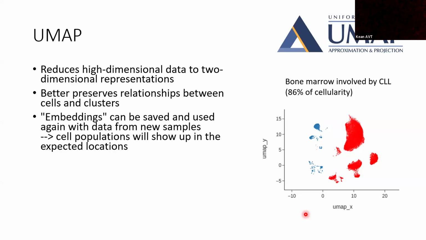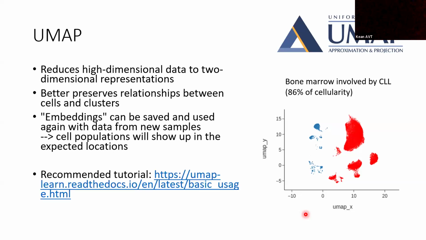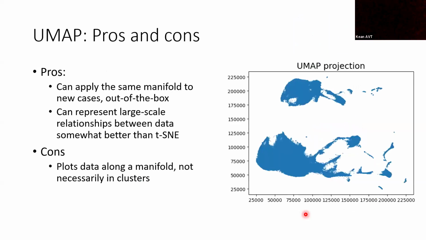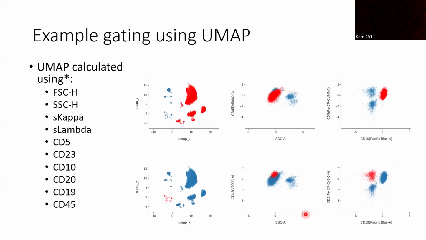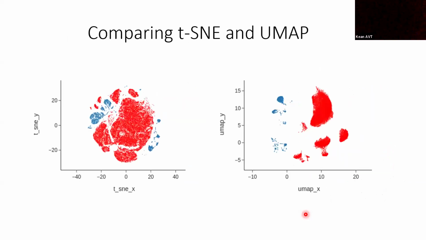And it's also nice compared to t-SNE because the embeddings that it learns from one set of data can be applied to new cases. And there's a tutorial that's very helpful. Okay, some of, again, the pros, you can apply it to new cases. And it's also good at representing the large scale relationships. I'll just skip this slide in the interest of time.